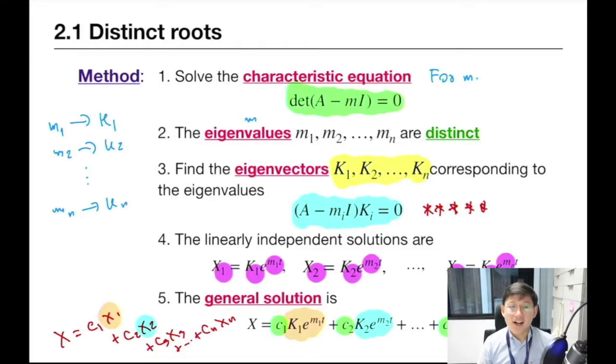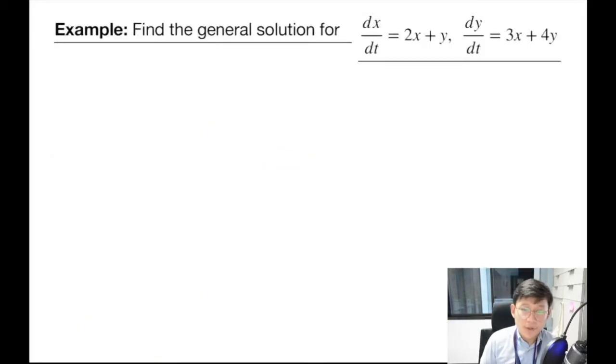Okay, so let's look at some examples. First example. To find the general solution for these two equations, first we need to write them down in matrix form. I'll call this x prime and this y prime. So the matrix form would be x prime equals A x.